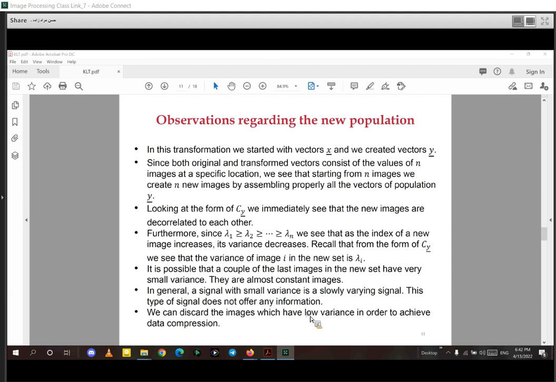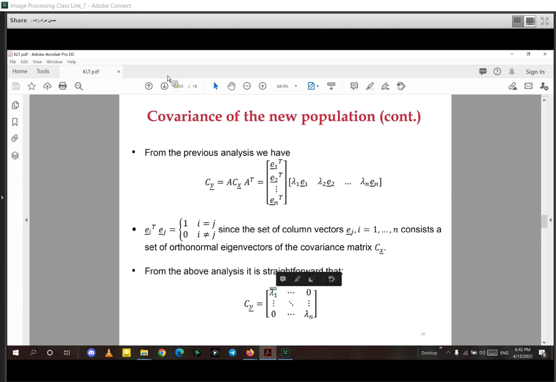We said here that only over the main or principal diagonal do we have non-zero components. This is for the covariance matrix.